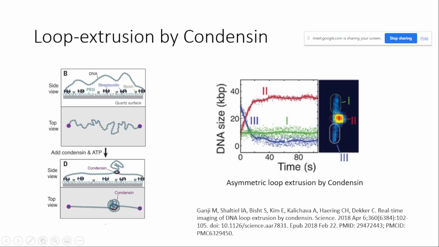If you study the DNA of region 1, throughout the time region 1 DNA size is the same. But the loop which is defined by region 2, this region 2 DNA size is increased initially and then it becomes saturated, right?